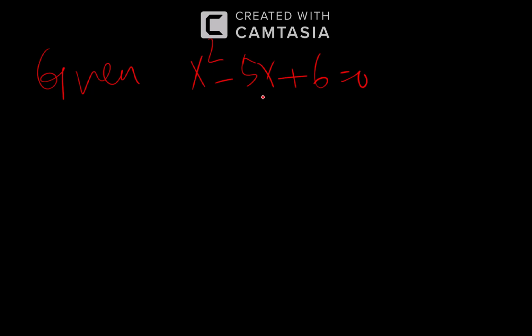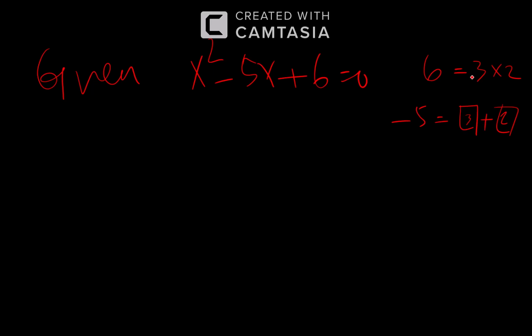So we notice that the number 6 can be equal to 3 times 2, and we need the sum to be negative 5. What values, added together, equal negative 5? If we put 3 and 2, it's not equal to negative 5, it's equal to 5.